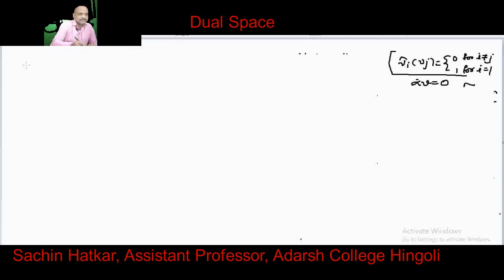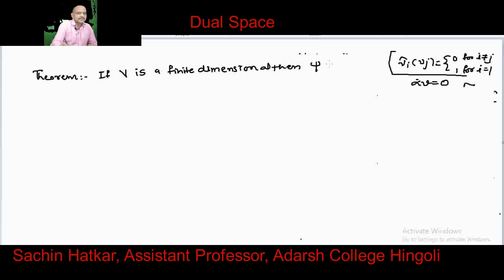Let us see the theorem. If V is finite dimensional, then psi is an isomorphism on V onto V double cap.